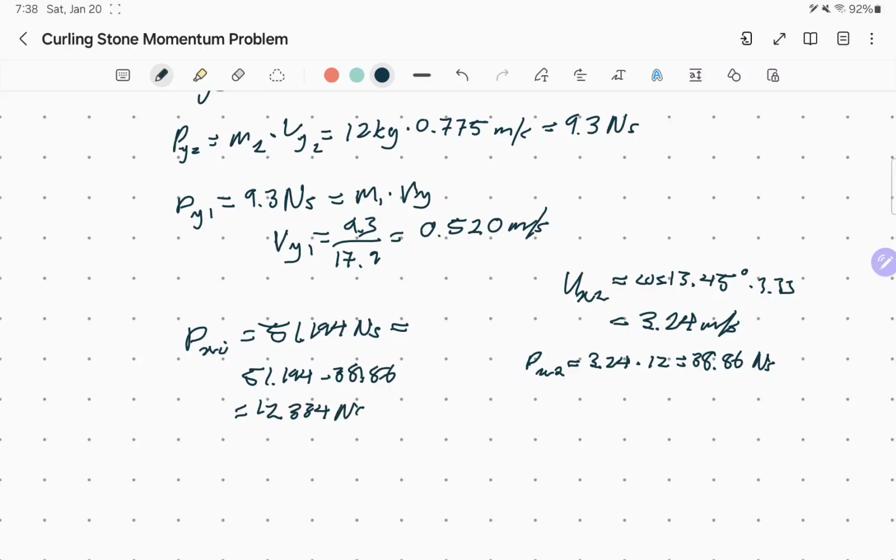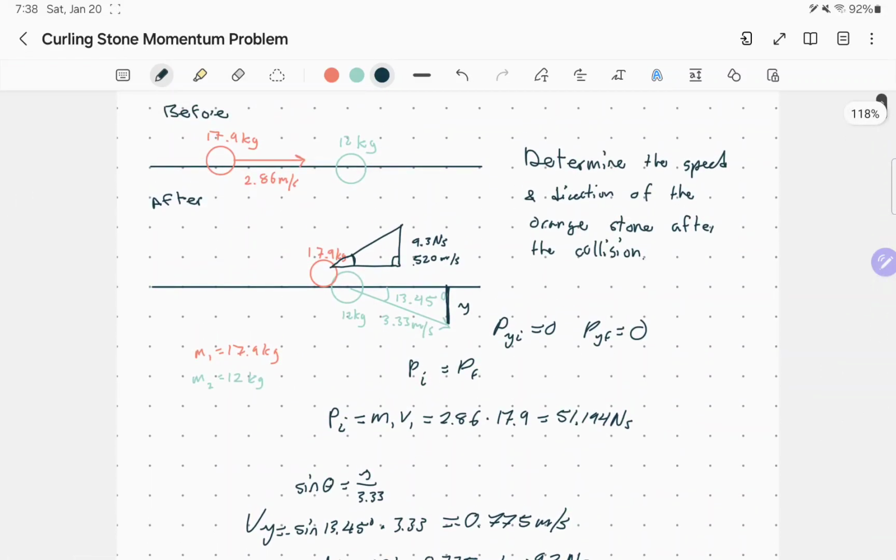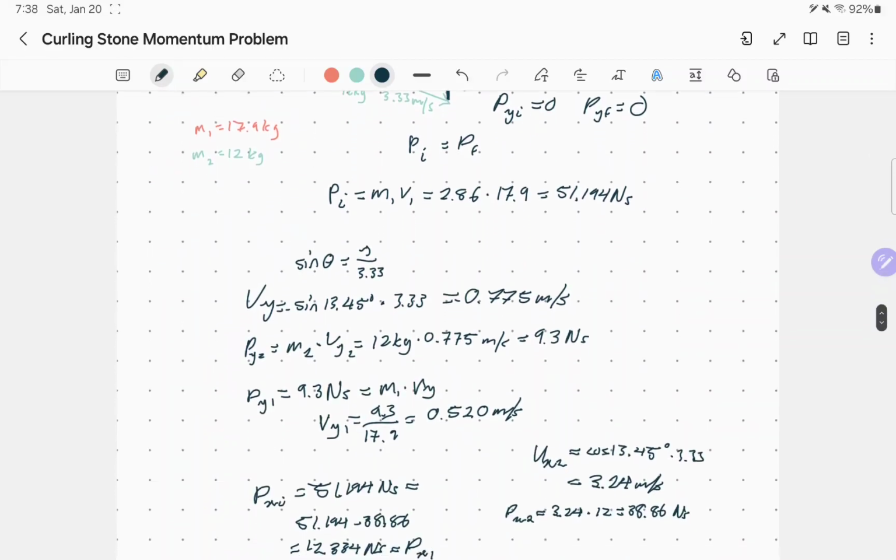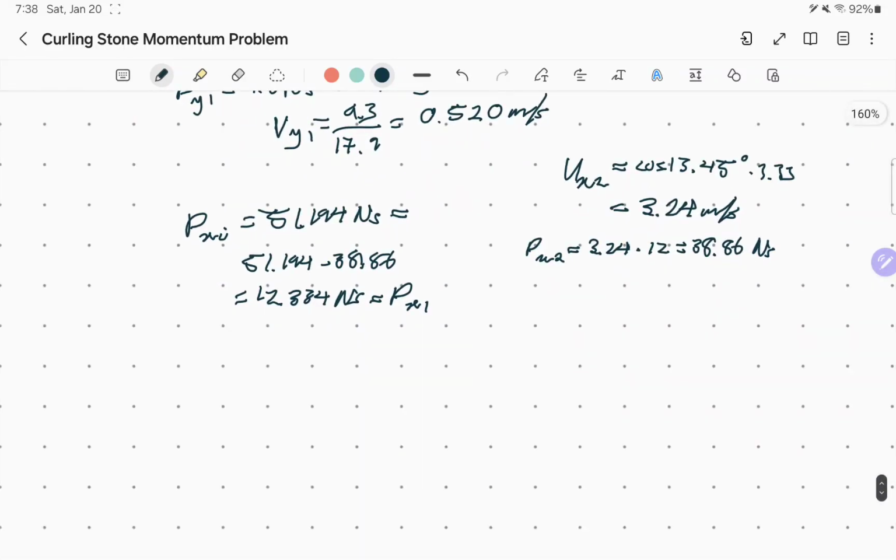So now we subtract this from the 51.194, which is 12.334 newton seconds, and this will be equal to px of the first one, which is our orange curling stone. So if we know px of the orange curling stone, and we also know the mass, if we divide by mass, we should get velocity in that direction.